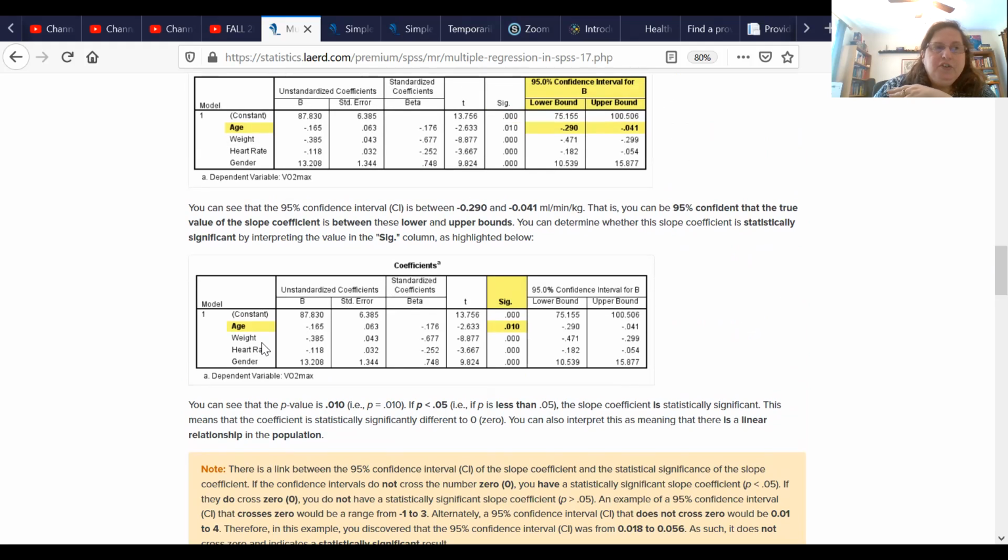For every increase in weight, which was measured in kilograms, by the way, our VO2 max goes down by 0.385. And for every increase in heart rate in beats per minute, our VO2 max goes down by 0.118.